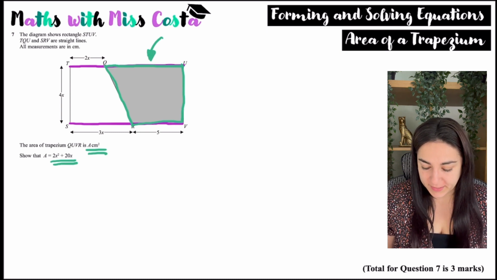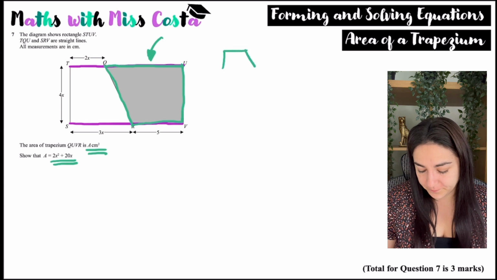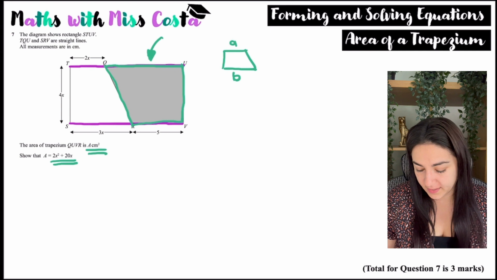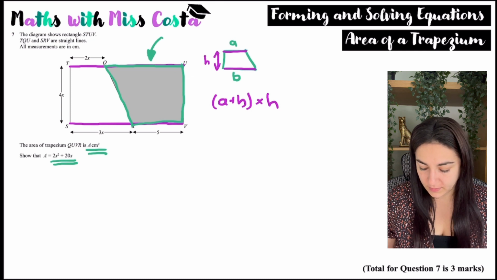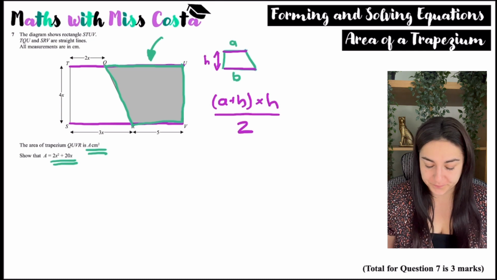So what do we need to do? For a trapezium, you work out the area by knowing what the two parallel sides are. So you do A plus B times the height, divided by 2.